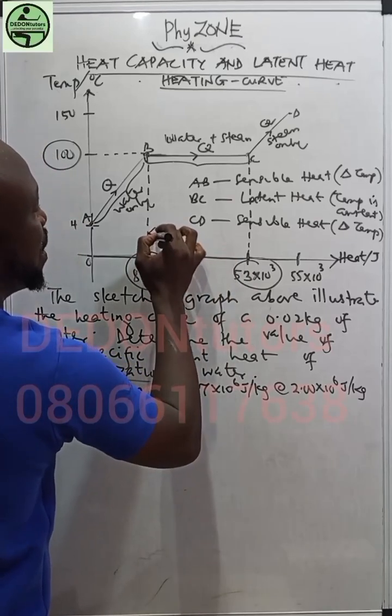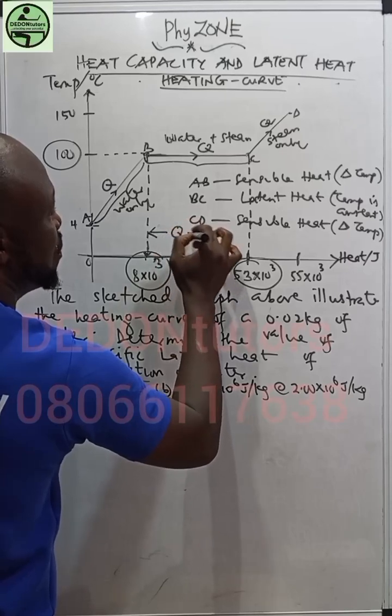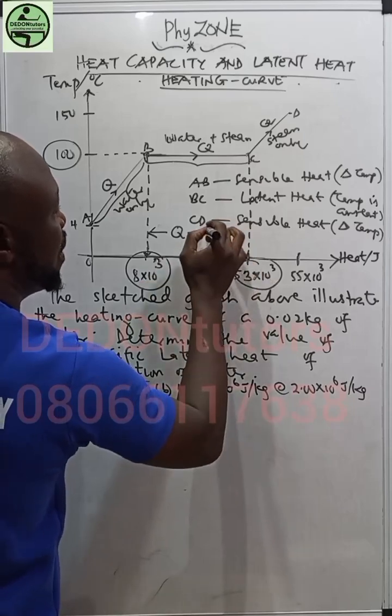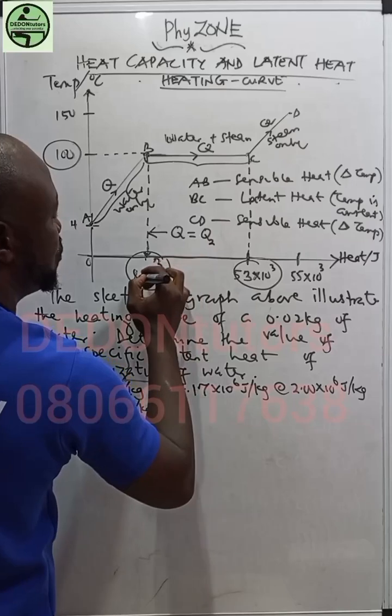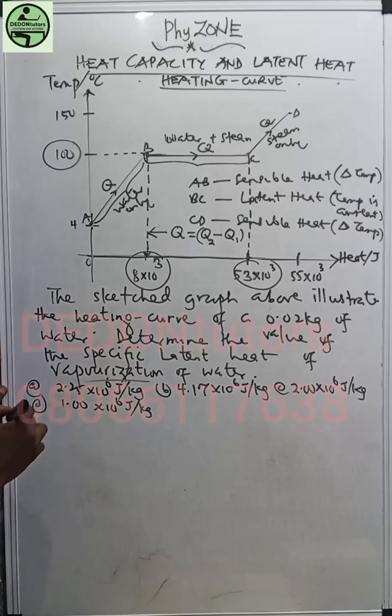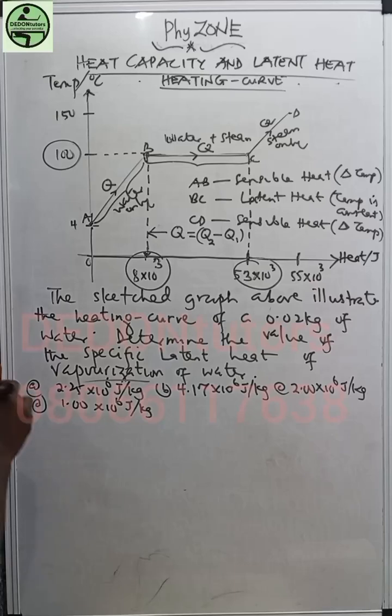So our Q here equals the heat here, Q2 minus Q1, to find the heat involved, which is the latent heat of our vaporization.